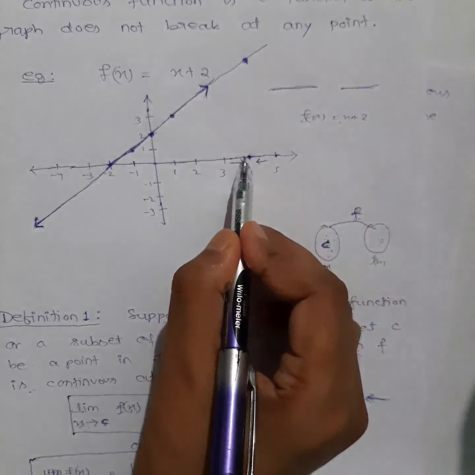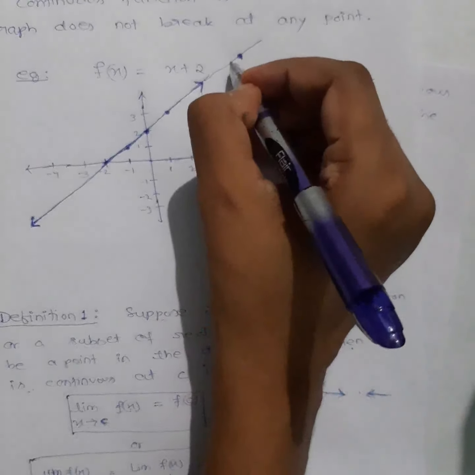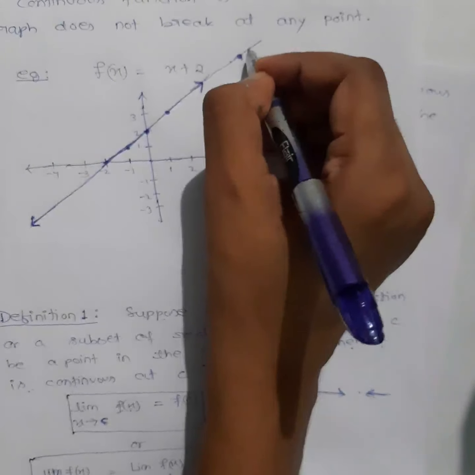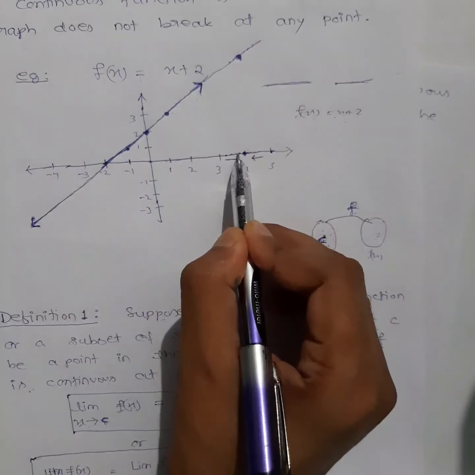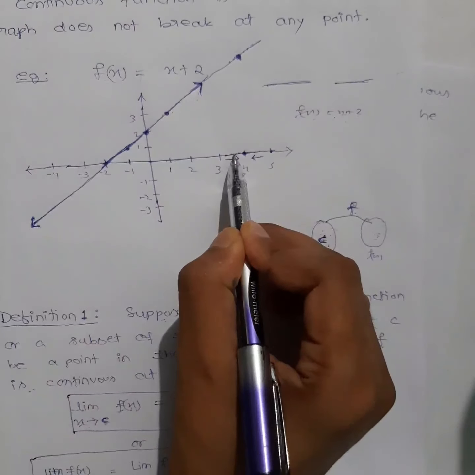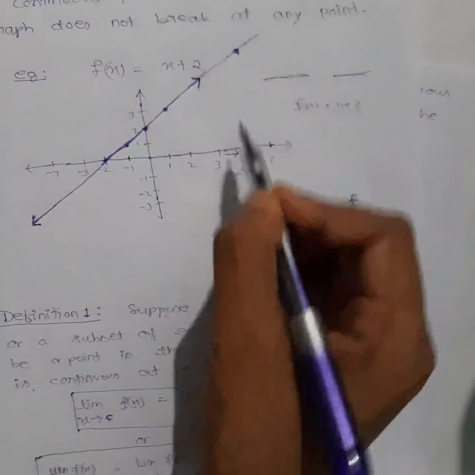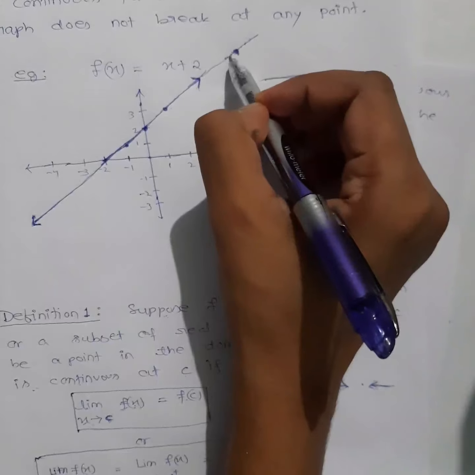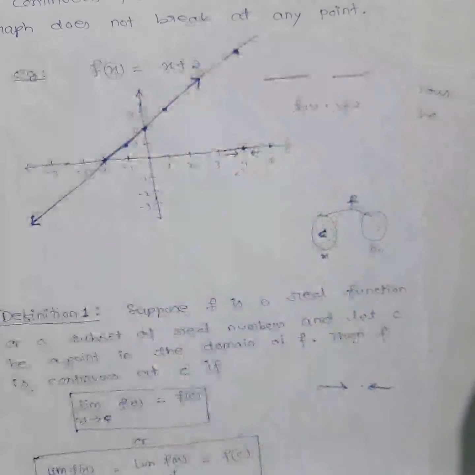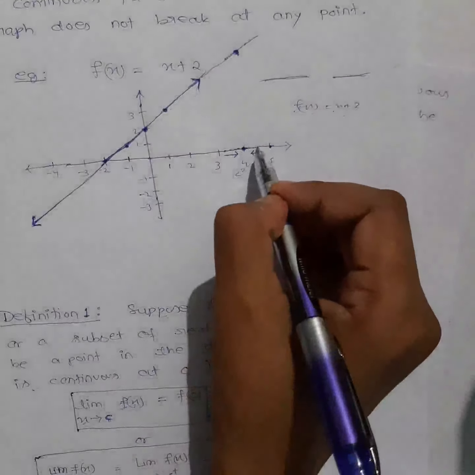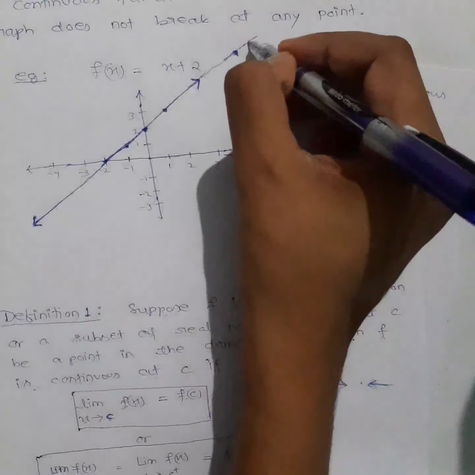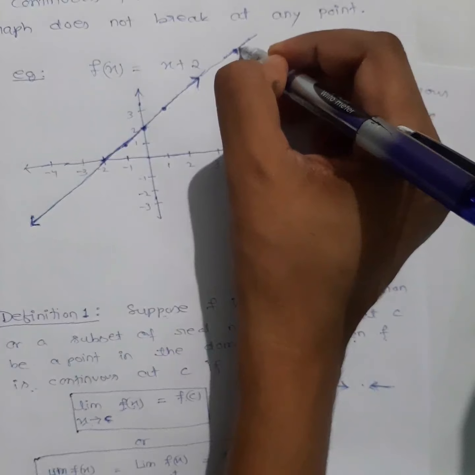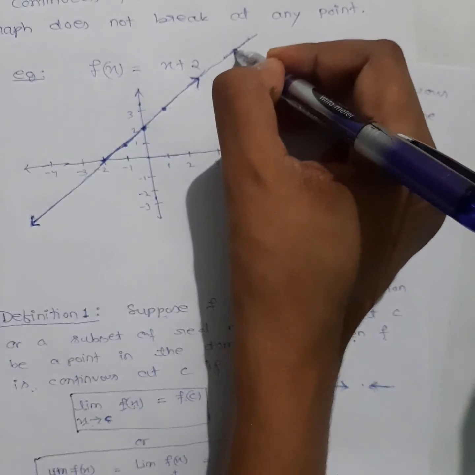Now if you take all these closer values, you will get all these close values here. As you go closer to 4 from the left, your f(x) also will go closer to 6 from the left. As you go closer to 4 from the right, your f(x) also will go closer to 6 from the right.